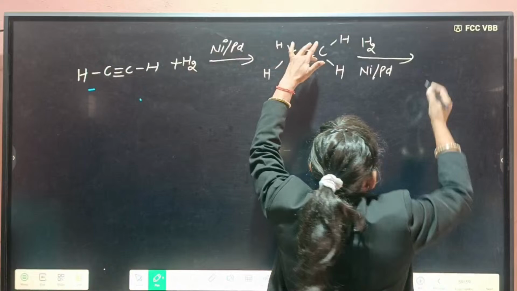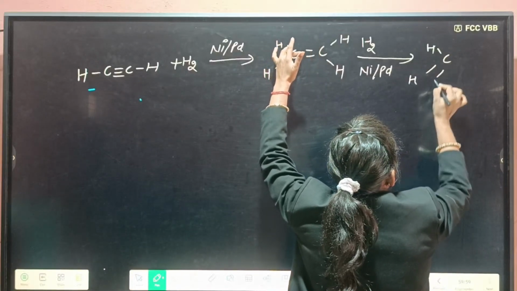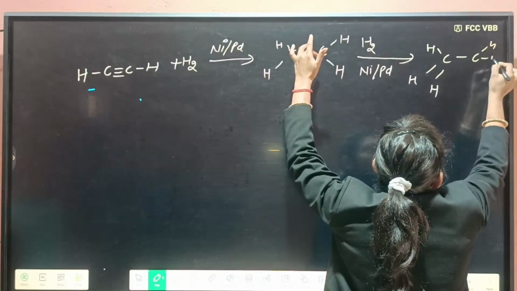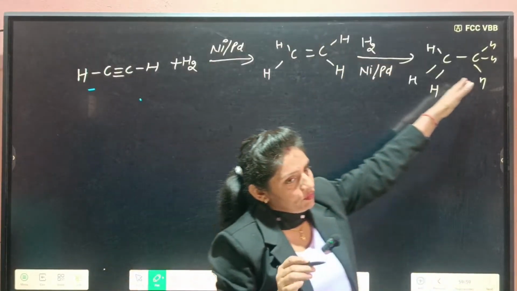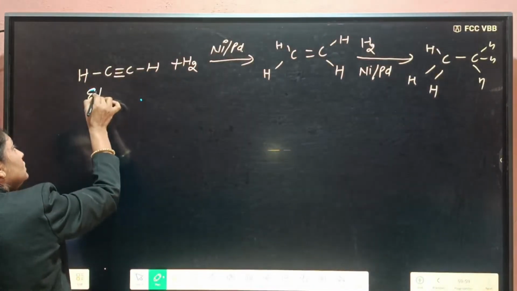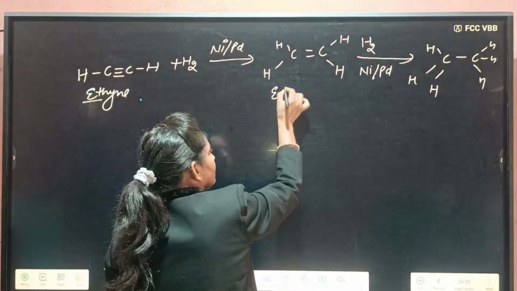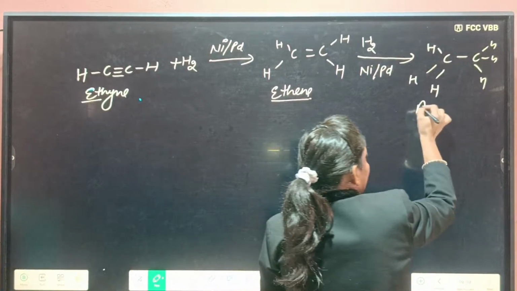Then one hydrogen goes to this carbon and one to this one, and the bond between carbons breaks further. So alkyne converts into alkene and alkene converts into alkane.